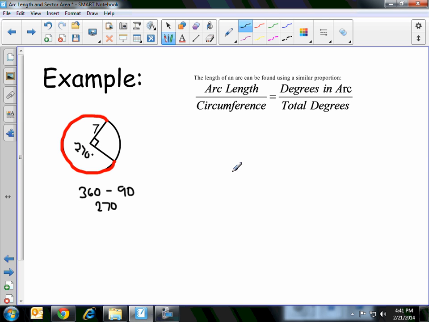Okay. So we had to do a little housekeeping before we start. As you see here, our proportion is the arc length divided by our circumference. The arc length is what we're solving for in this problem, so there's my variable. My circumference is 2 pi r.